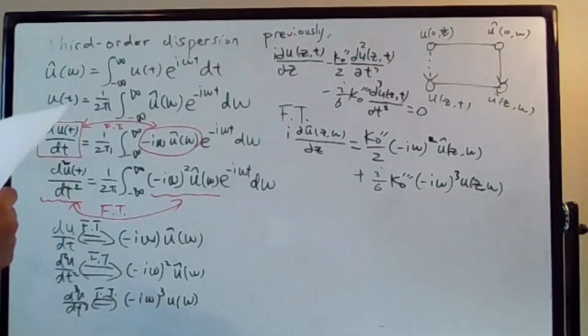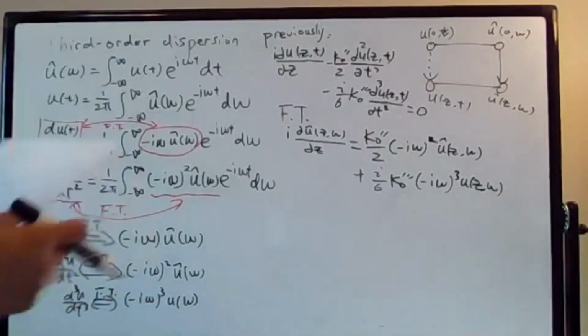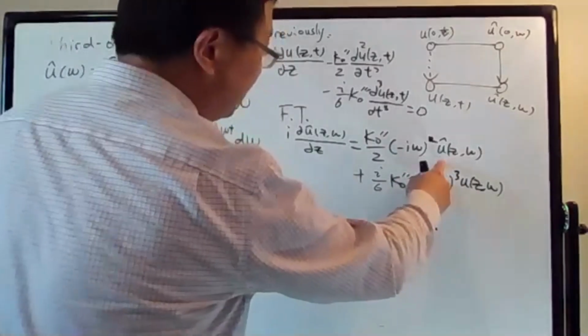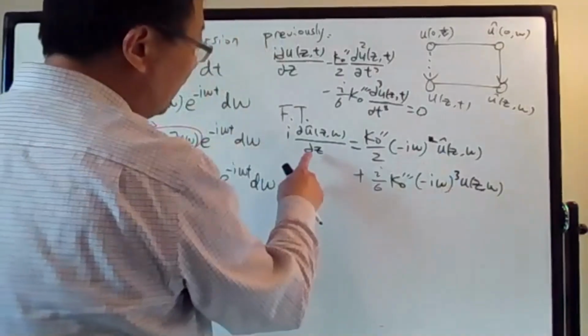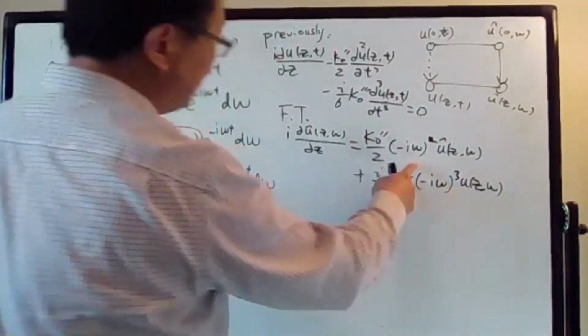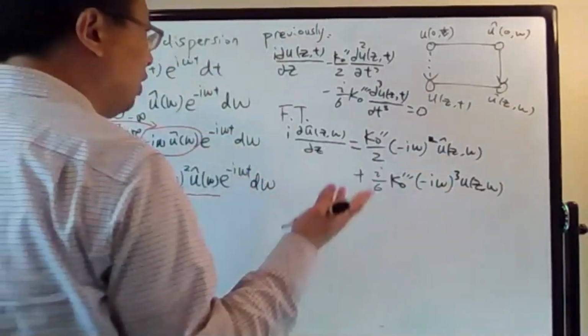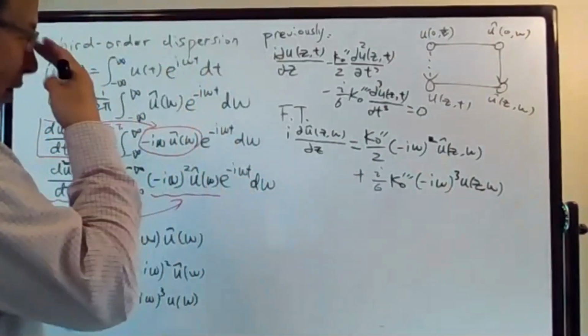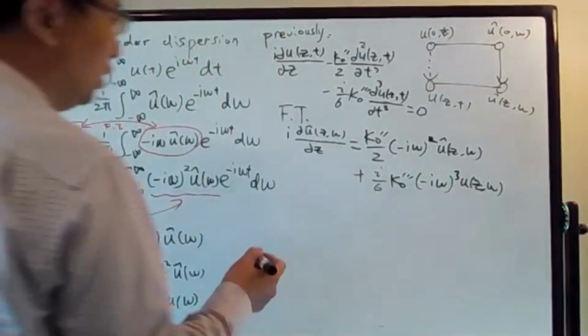Okay, so now we'll do the same steps. We move the du dz to the left hand side, and dz on the right hand side. It's the same step as what we did for the second order dispersion, but I'll just follow it again.